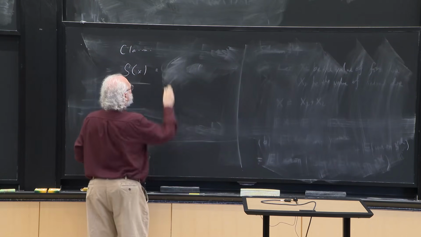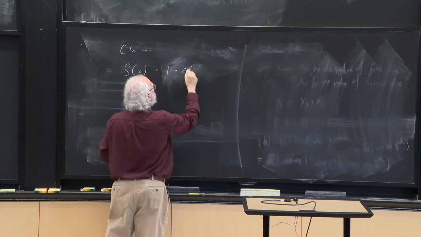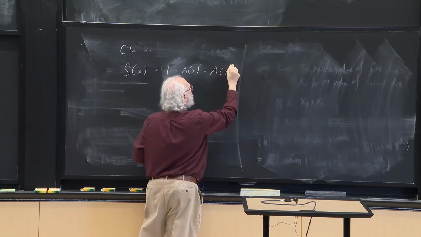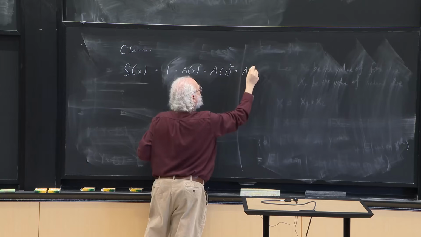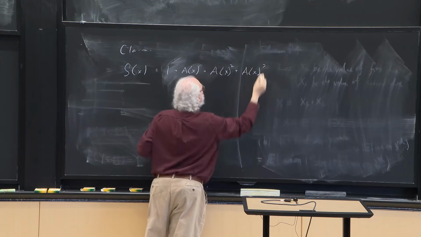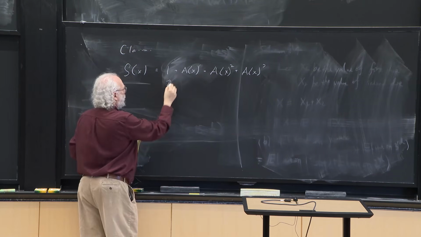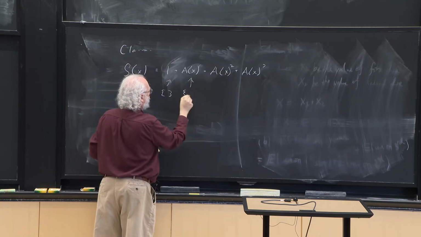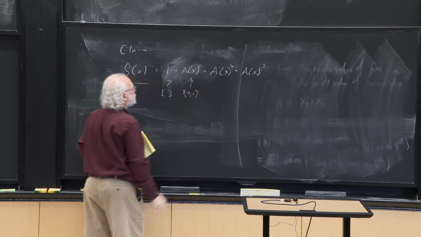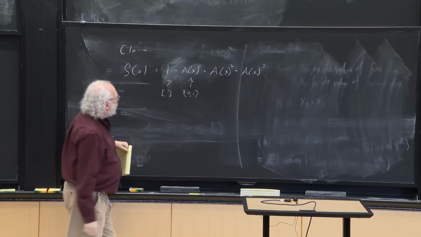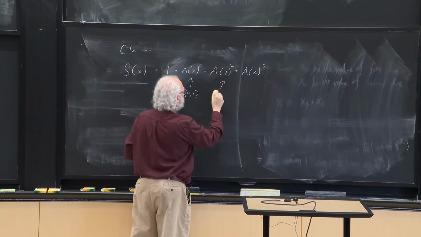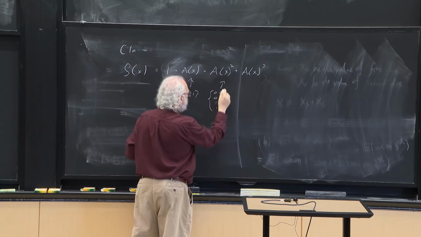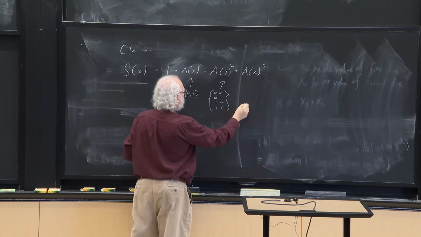It is equal to 1 plus A of x plus A of x squared plus A of x cubed. So this is the empty sequence. This is 0 and 1. This would be 00, 01, 10, 11 for binary sequences, etc.